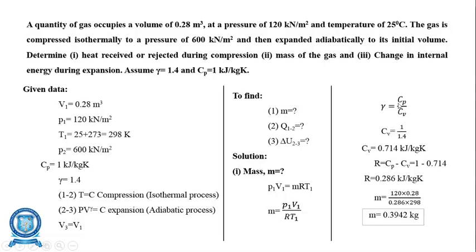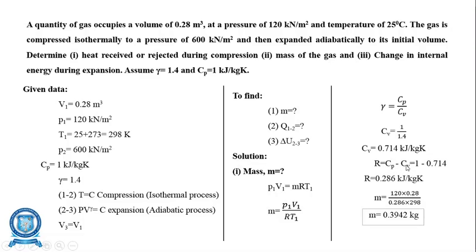Gamma is equal to Cp divided by Cv, the ratio of specific heats. The gamma value 1.4 and Cp value 1 are given in the problem, so from this you can find Cv. Cv is equal to 0.714 kilojoule per kilogram Kelvin. For finding R, we studied in the previous sessions that R is equal to Cp minus Cv.